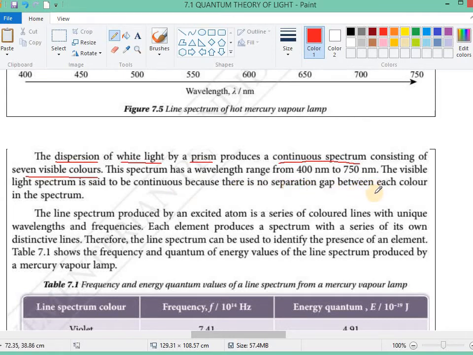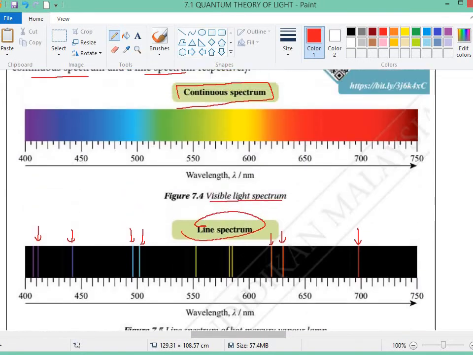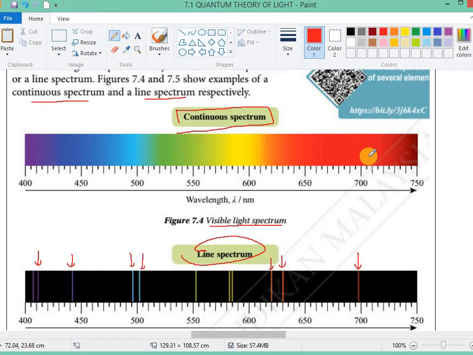You see, the reason why the light that is dispersed looks like it is in a continuous spectrum is that white light consists of photons of different frequencies. Many photons at many different frequencies are all mixed together, so they produce white light.